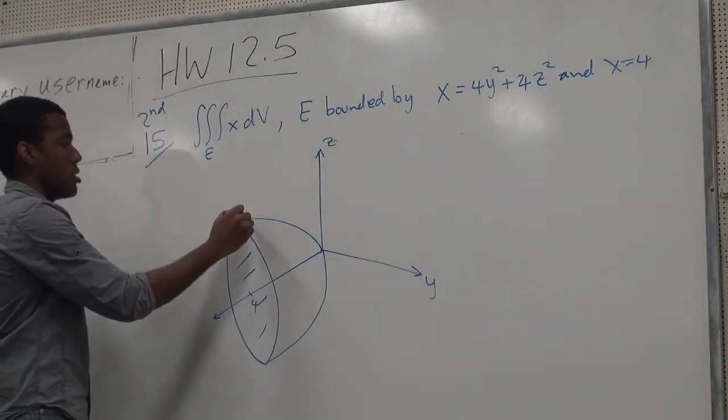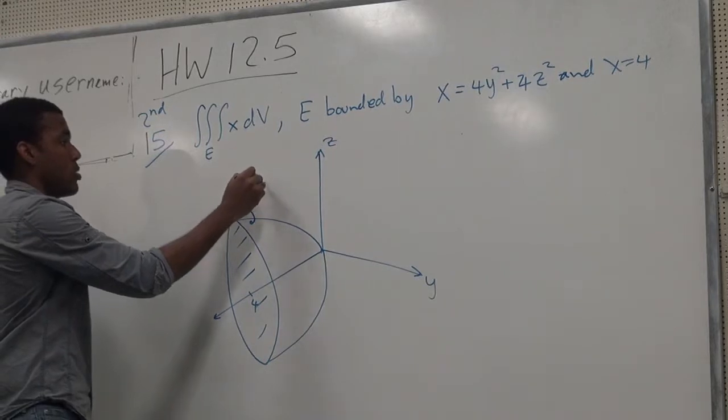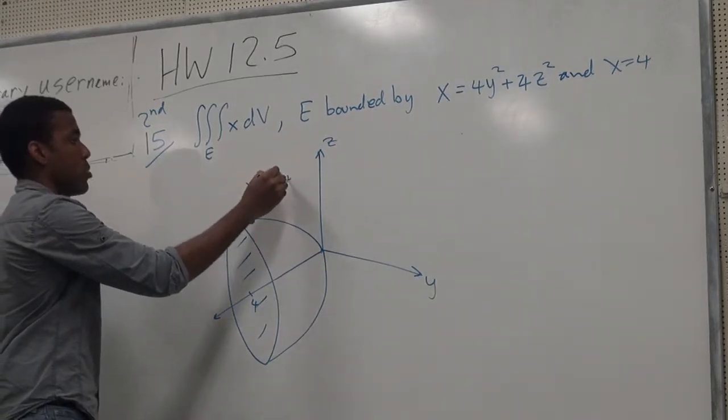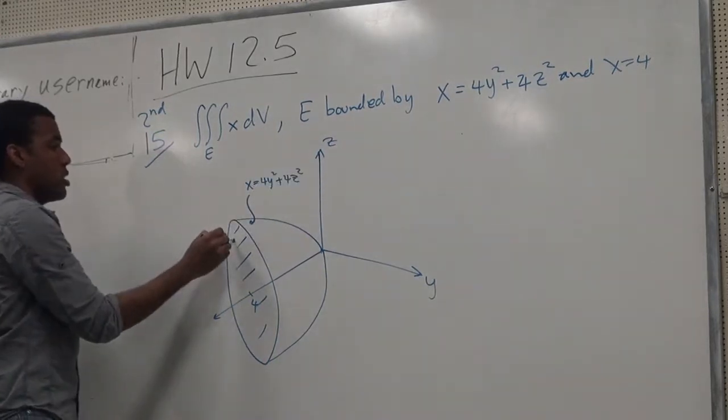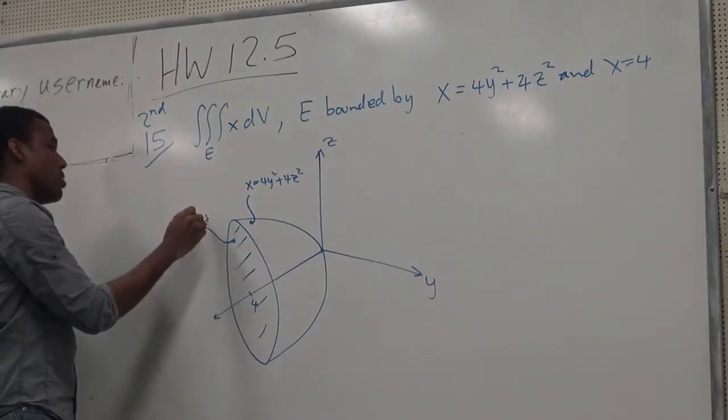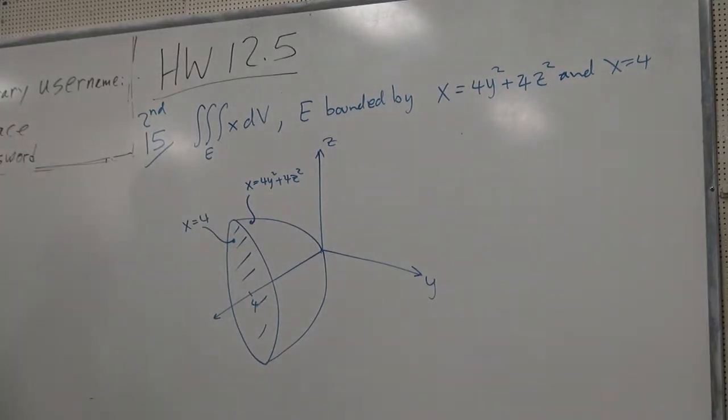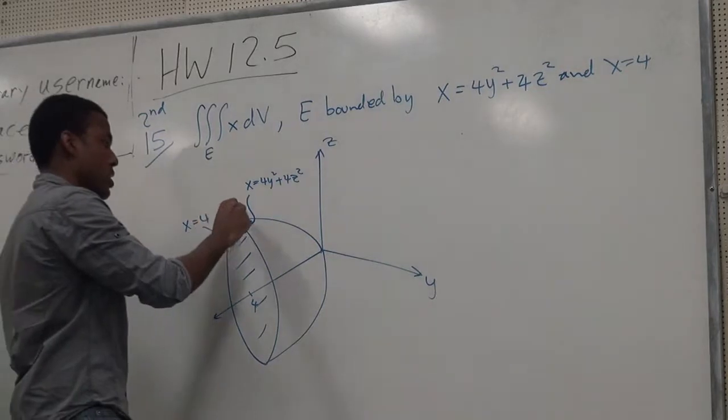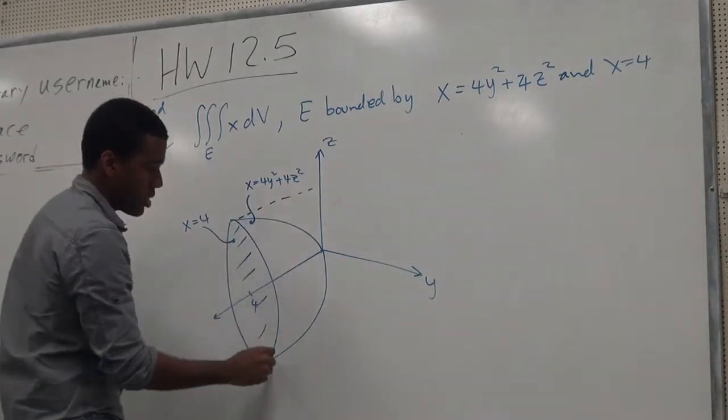So this is x equals 4y squared plus 4z squared. This is x equals 4. The best thing to do would be the projection into the yz plane.